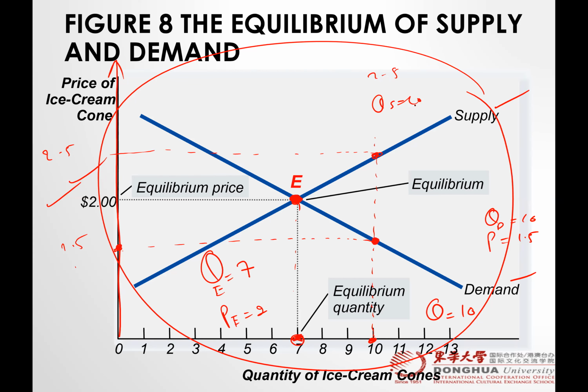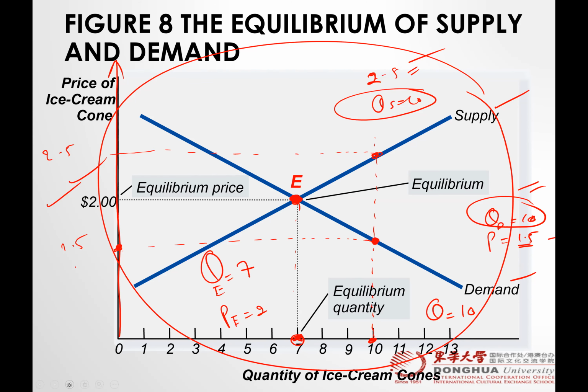So even though the quantity supplied and quantity demanded are the same, the prices are not the same. When the supplier wants to sell 10 quantities, he expects to be given 2.5 per ice cream. But the buyers expect that they are going to buy 10 quantities of ice cream at 1.5. That creates an imbalance, or there is no equilibrium, right?